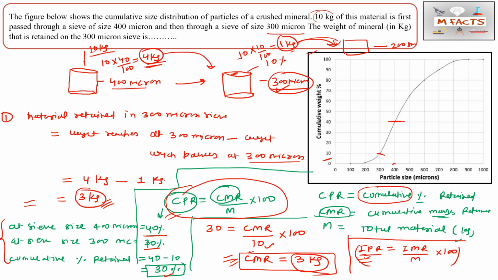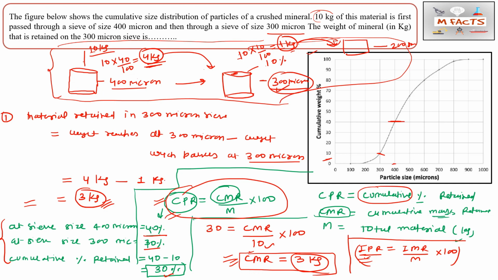IPR is equal to IMR by M into 100. Everything is similar, they are just asking about individual. Okay, so I hope you have understood this question. This question is very important. Just try to remember this formula. If you do it the other way, that is also good, but presence of mind is very important in that case. But here you can simply apply the formula, find the values, and find the answer.